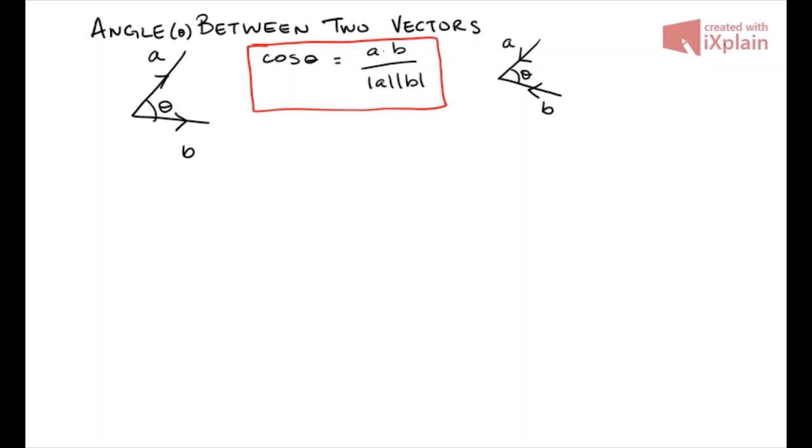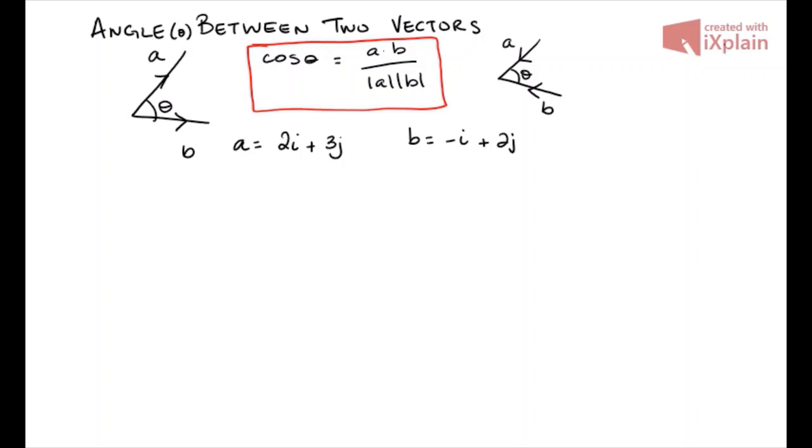So if I have two vectors, A, which is 2i plus 3j, and my second vector B is negative i plus 2j. Sorry, it's supposed to be a j.